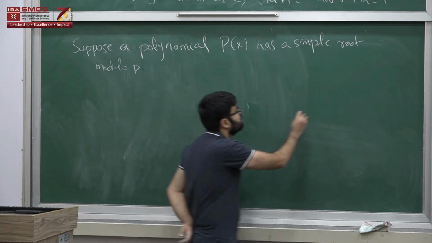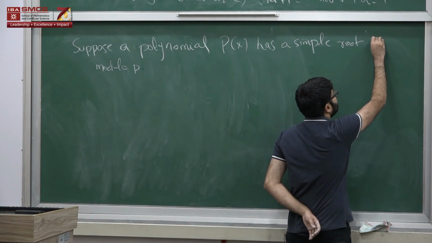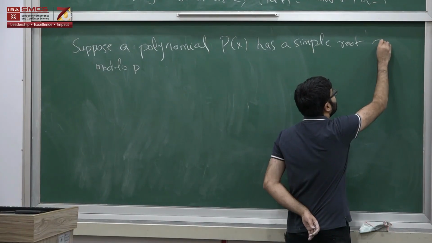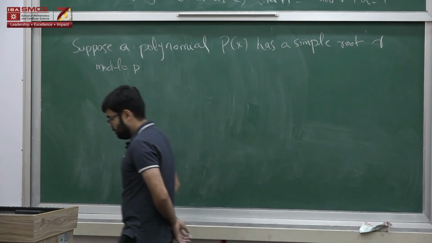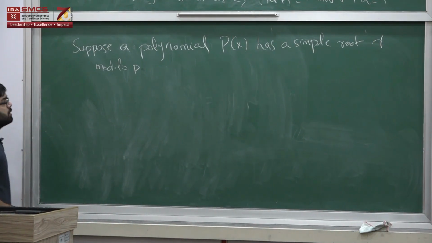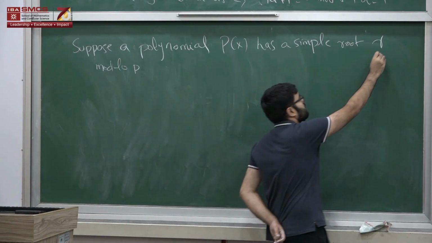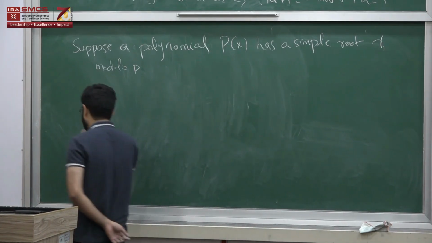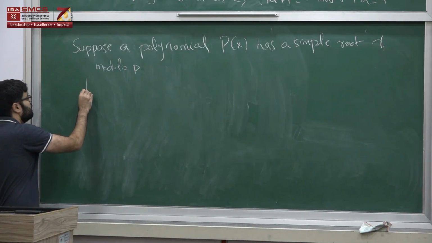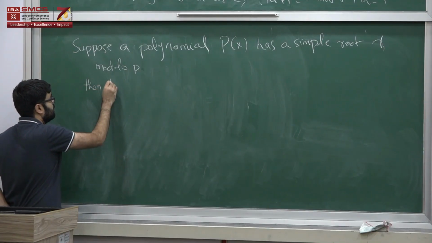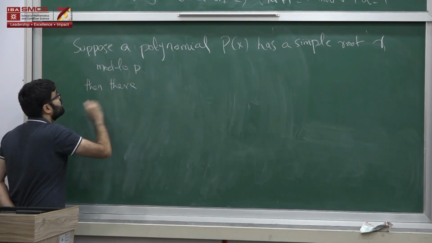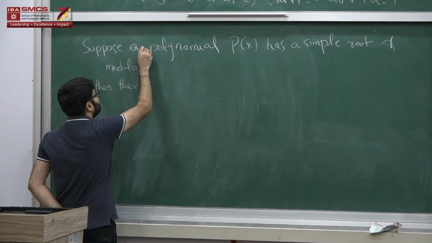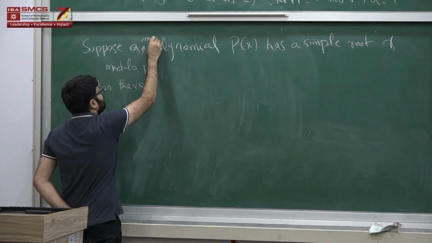Let us say it has a root r modulo p. Let me name it r1. Then, and let me say monic here.